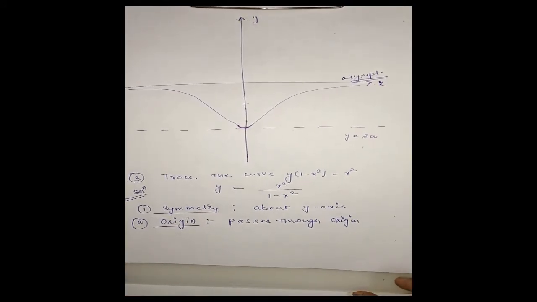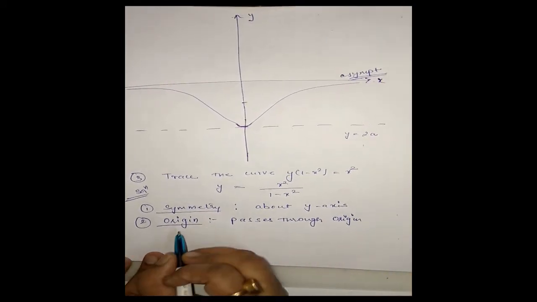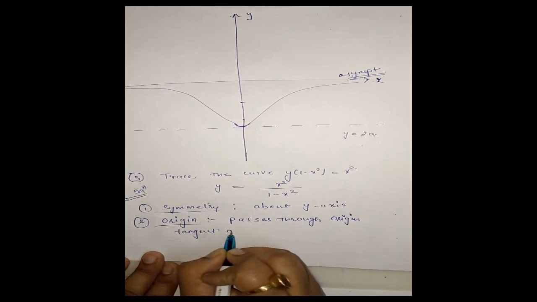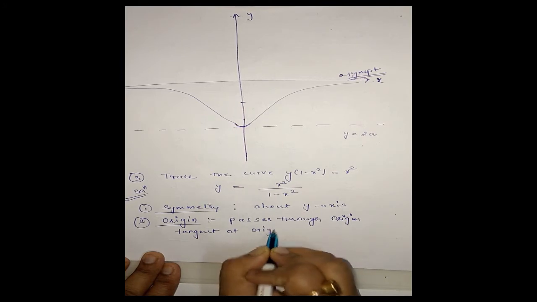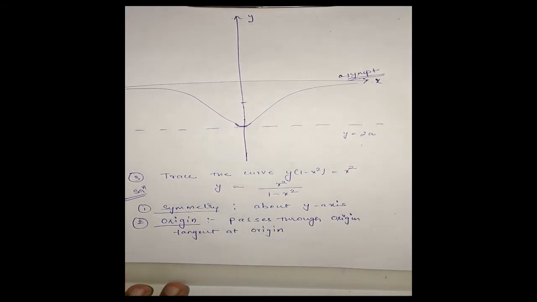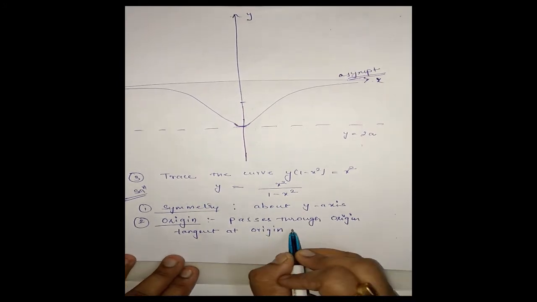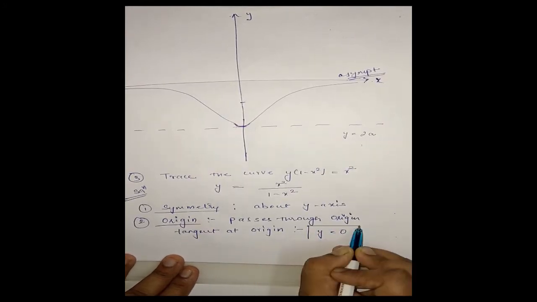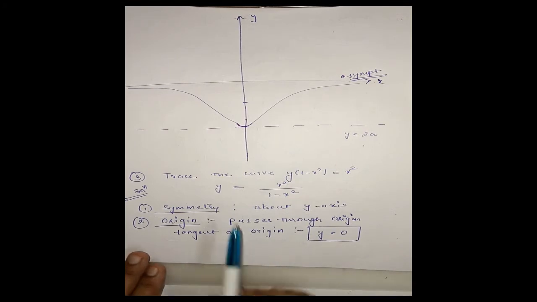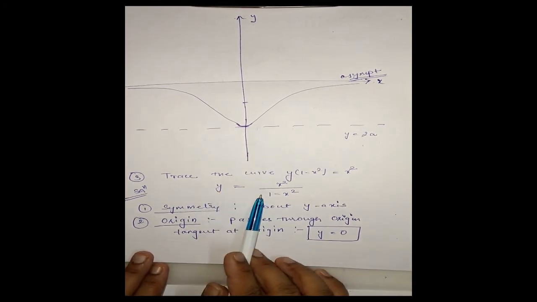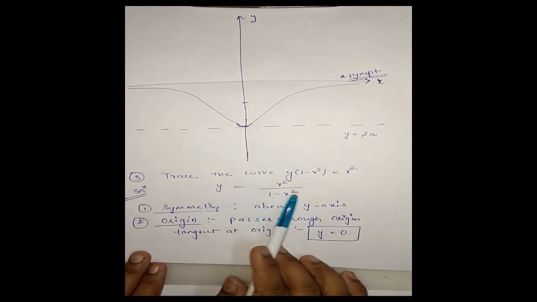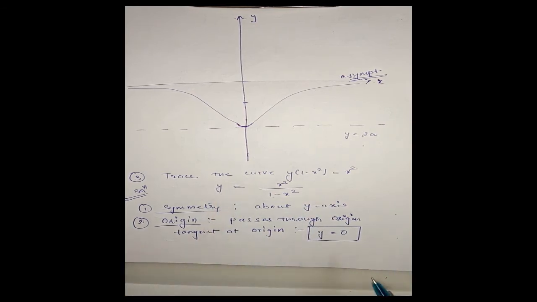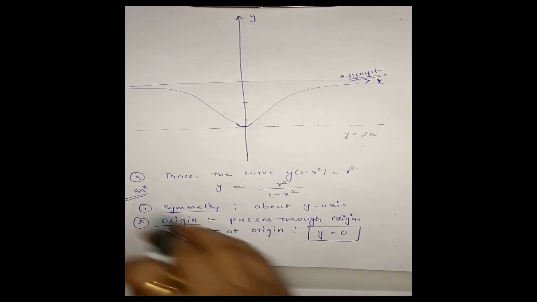And tangent at origin: equating the lowest degree term to 0, the equation of the tangent at origin is y is equal to 0. That is the x-axis. Okay, the lowest degree term is y. The equation is y minus y x square minus x square is equal to 0. The lowest degree term y is equal to 0 is the equation of the tangent at the origin.